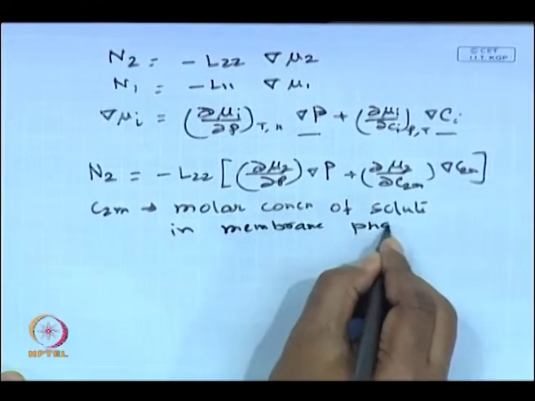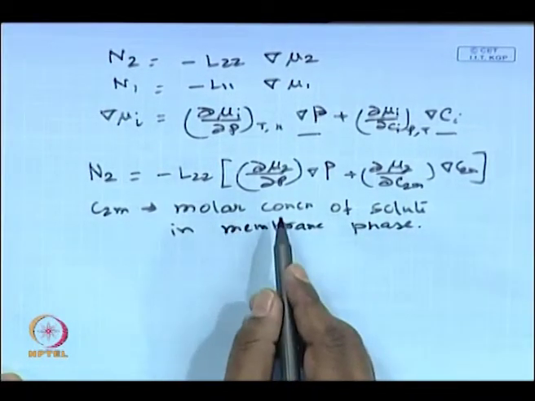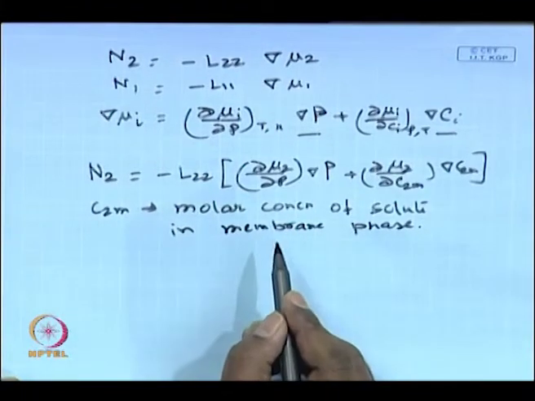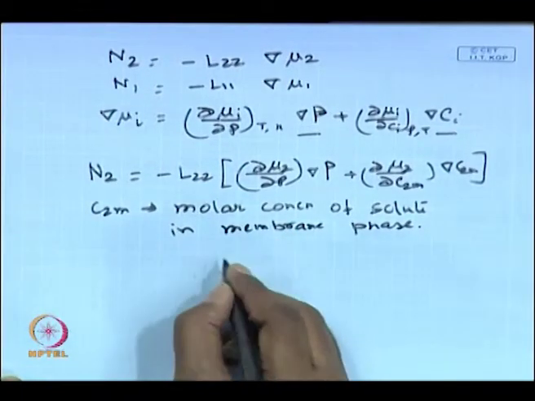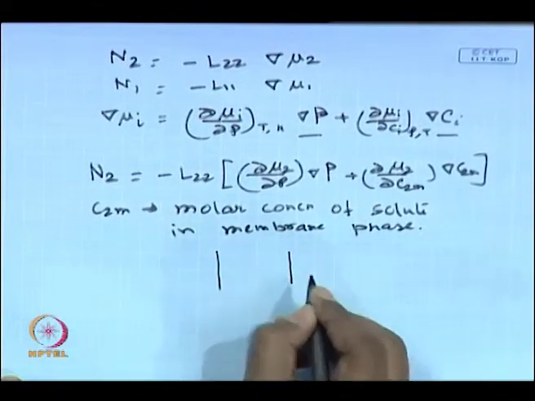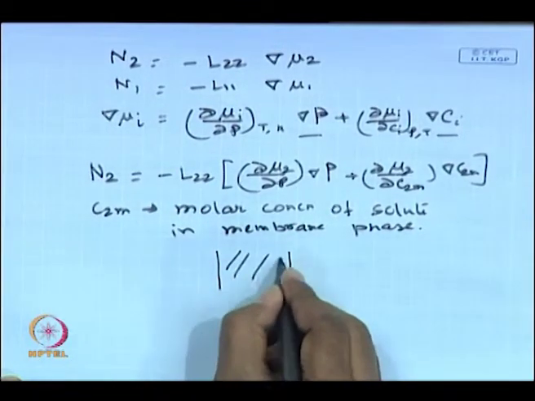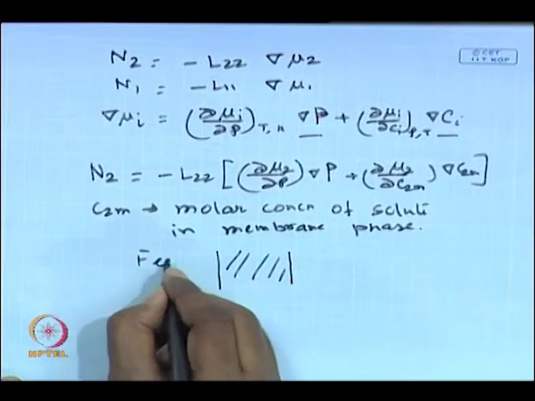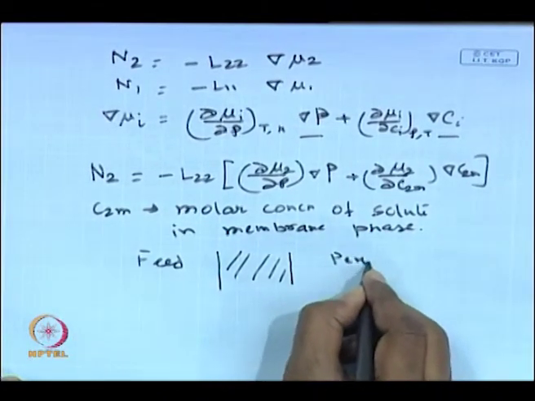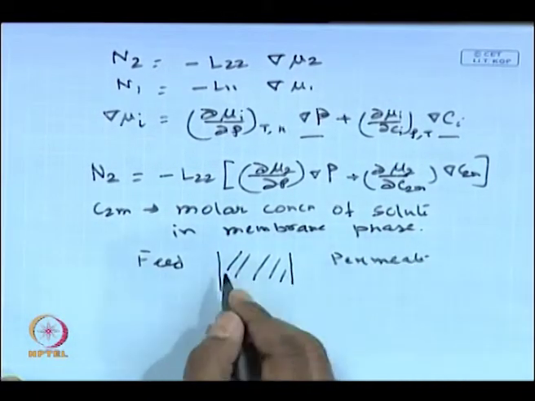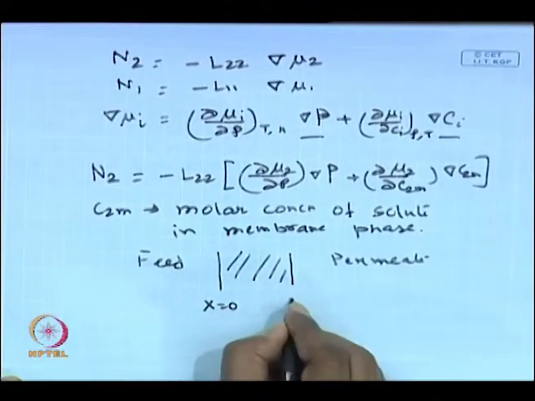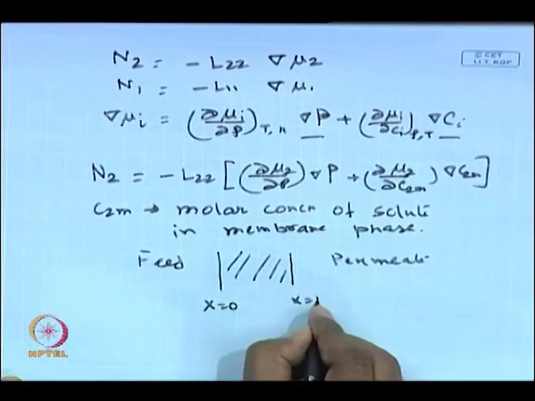If you remember, we are writing the transport law of the solute and solvent within the membrane phase. In our system, this is the membrane phase, this is the feed side, this is the permeate side. This is x equal to 0 and this is x equal to L. What is L?